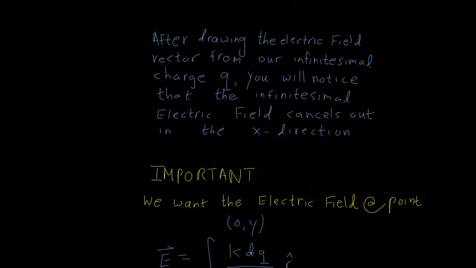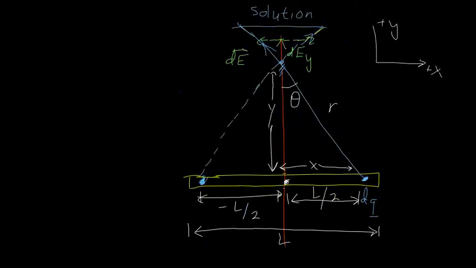And you will notice that the infinitesimal electric field cancels in the x direction. Why is this? Anytime I have my infinitesimal charge where I put it on my rod, I have to choose where on the rod my infinitesimal charge dq goes. From the infinitesimal charge, I have to draw to my electric field.